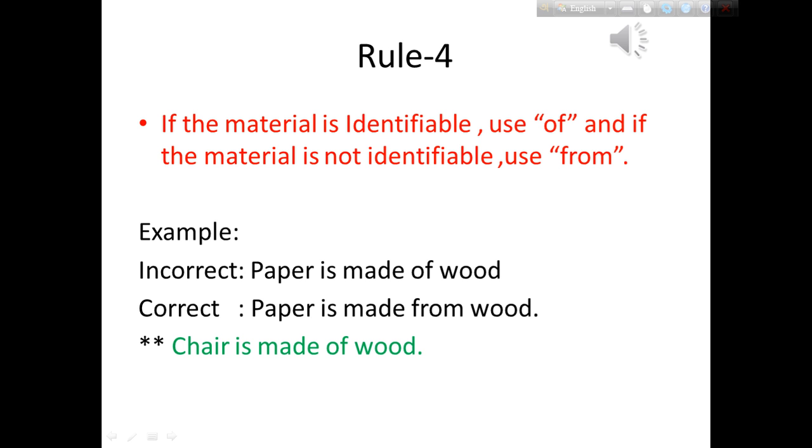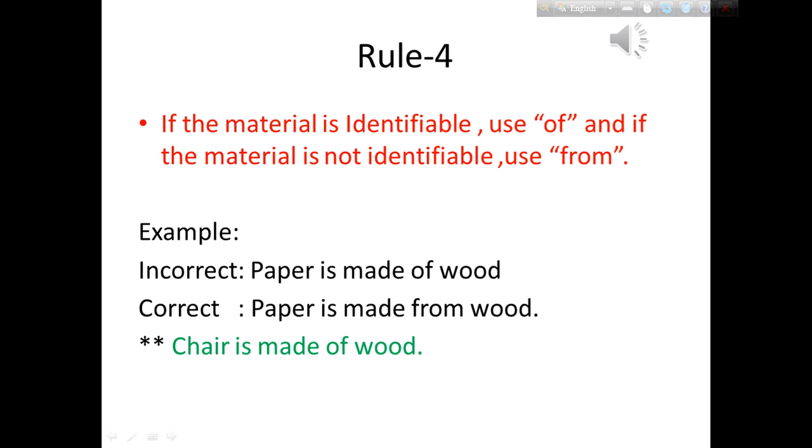Here the given sentence, that means the incorrect sentence, is paper is made of wood. So here, seeing a paper, you cannot say that paper is made of wood if you don't know it. So the correct answer will be paper is made from wood.